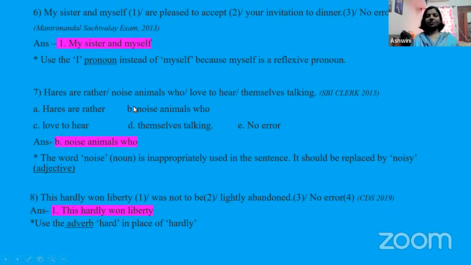Now ये देखते बराबर आपको पता चल गया होगा कि noise नहीं आता, वहाँ पे क्या adjective आएगा? Noisy.